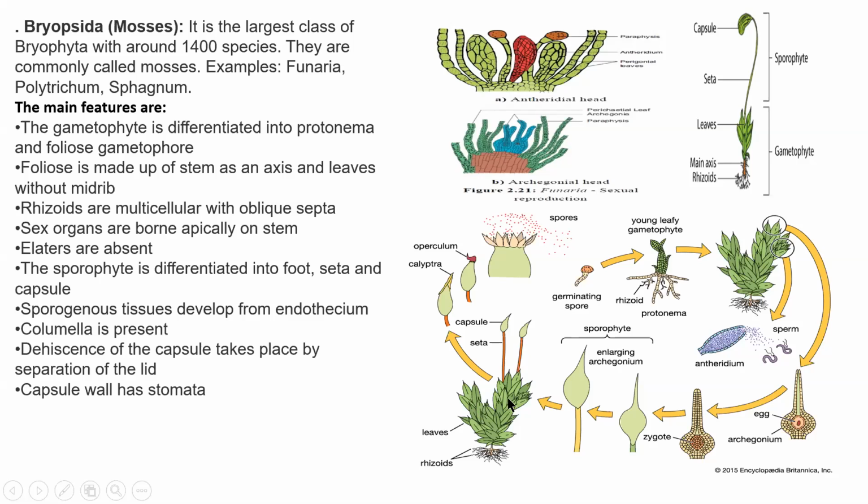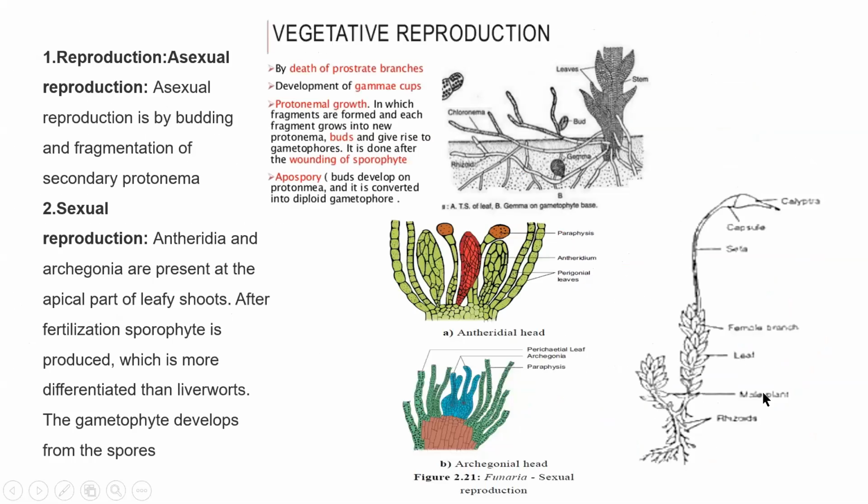You can see the same plant will bear the antheridial head as well as the archegonial head. You can see the same gametophore, same thallus. You can see the male gametophore and the female gametophore. So reproduction is again asexual as well as sexual. As I told you, you have the female branch and the male branch in the same plant.